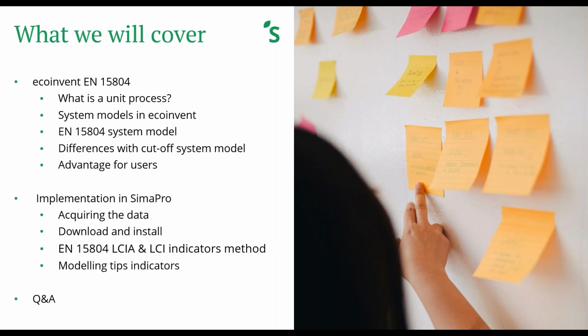I'll give you a quick idea of how you can access the data, how you can download and install it, and then turn things over to Harry, who will explain about the impact assessment method that has been developed specifically with this database, and give you some modeling tips and indicators to help with modeling, and also give you a quick tour so you can really see how it looks like in SimaPro, and show you all the things that we've discussed. And hopefully we have enough time for Q&A. So like I mentioned before, please keep these questions going.